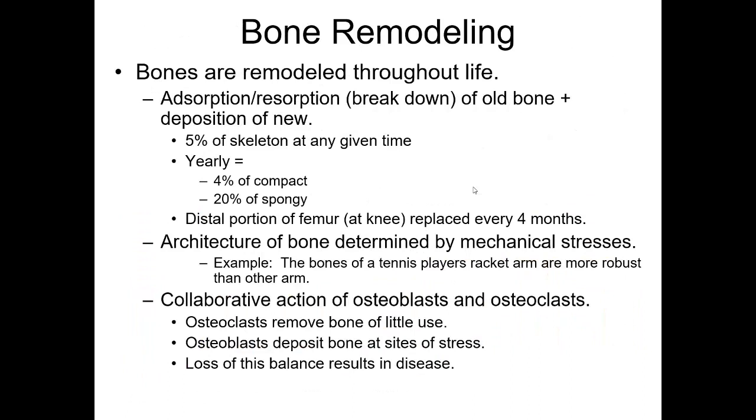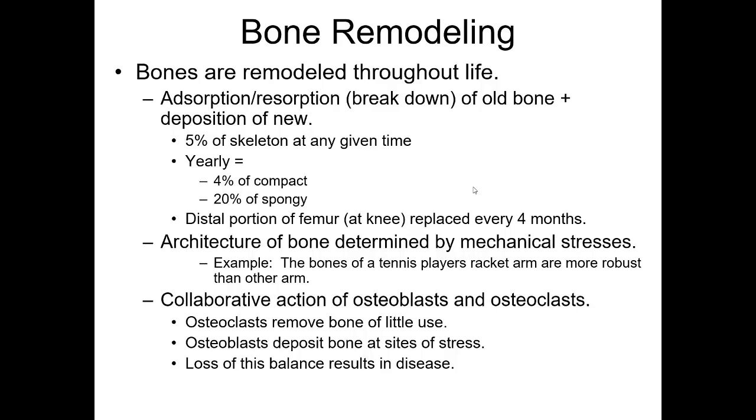Bones are remodeled throughout a person's lifespan. The rate of absorption has to equal out the rate of deposition. So on an average, yearly, about 4% of compact bone and 20% of spongy bone is remodeled.